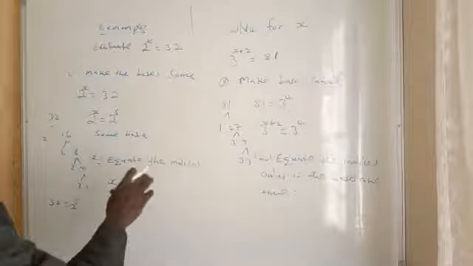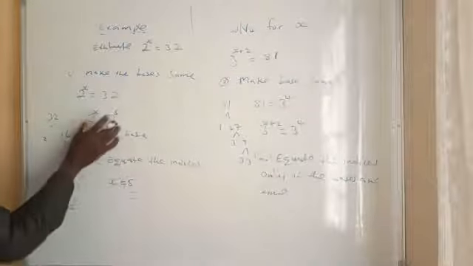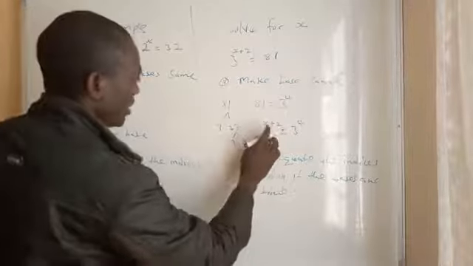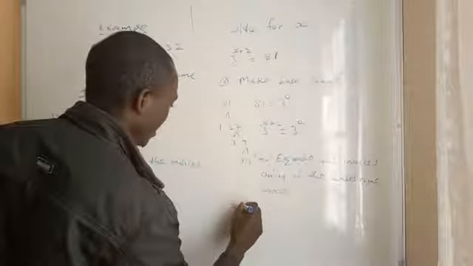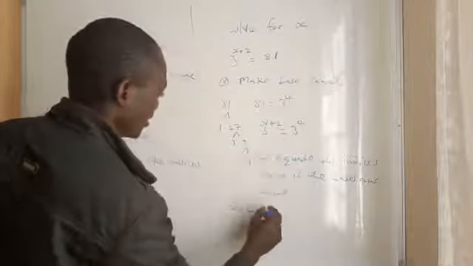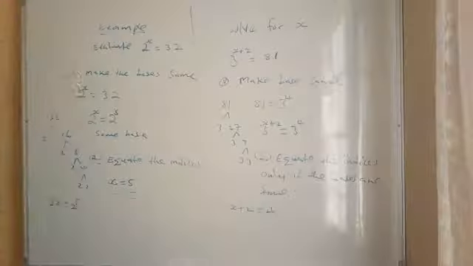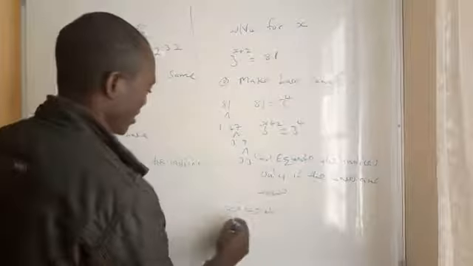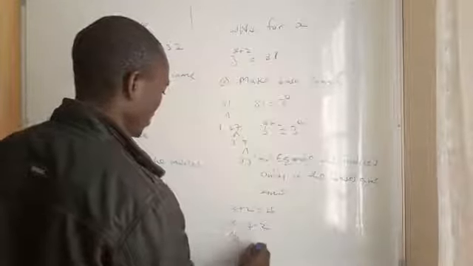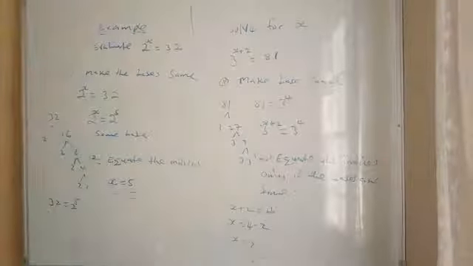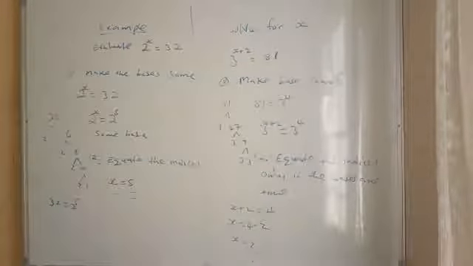You only equate the indices if the bases are the same. So in 3 power x plus 2, what is the index there? x plus 2. What is the index on the other side? It is 4. Mathematically, just take 2 to the other side, so we have x is equal to 4 minus 2. x is equivalent to 2. We have solved for the value of x.